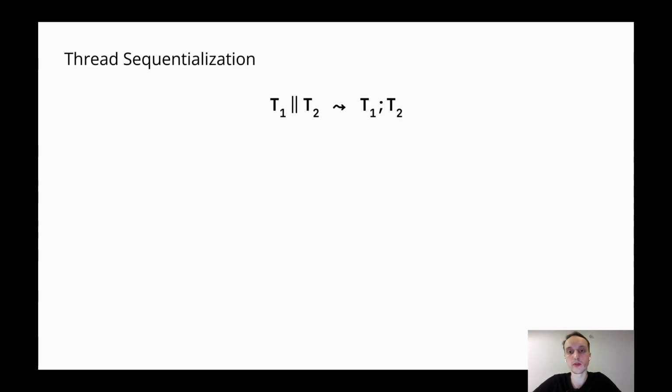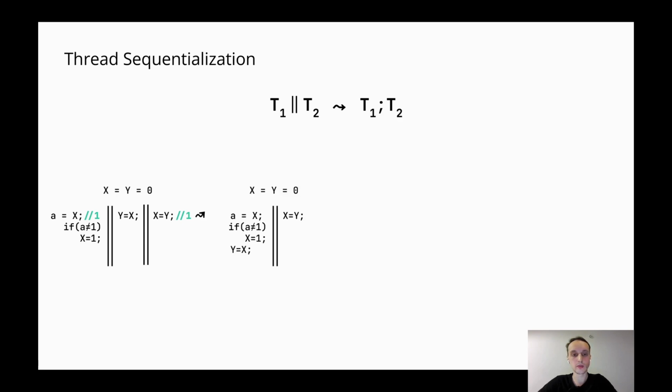To answer this question, we need to look at another important program transformation, thread sequentialization. Sequentialization merges two threads into one. Let us look at an example. Firstly, in this example, the second thread can be merged into the first thread. After this, following the conditional assignment to variable x, the read from x in the last statement always returns 1.